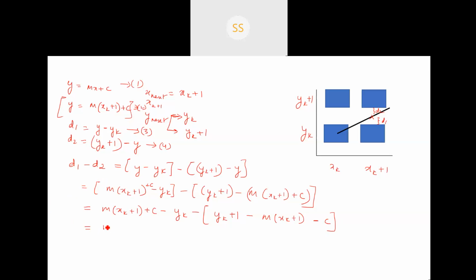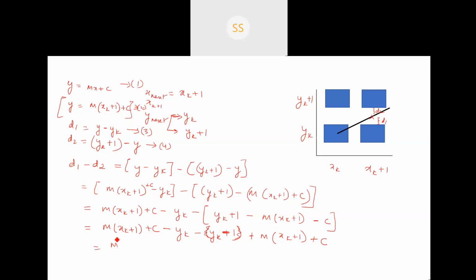Again, when I open the brackets, I'll get m of xk plus 1, plus c, minus yk plus 1, minus becomes plus m of xk plus 1 plus c. If I remove these brackets, this is minus yk and this becomes minus 1.